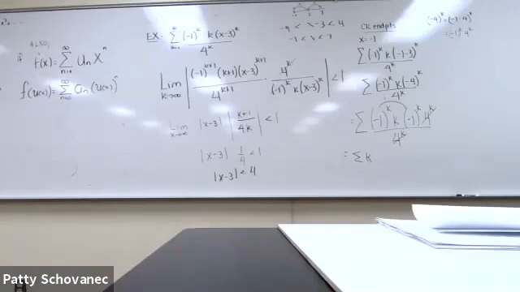So I want to show you something pretty cool with an earlier example that we did. Let's go back to that power series that looked like x to the k divided by k factorial. We said that thing converged over the entire number line by doing the ratio test.